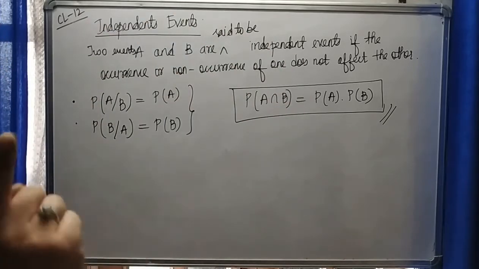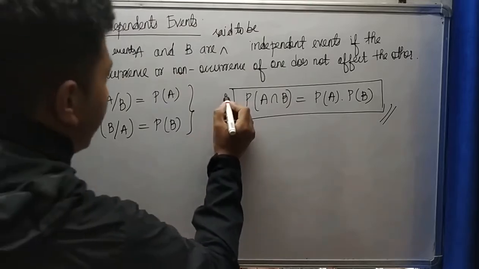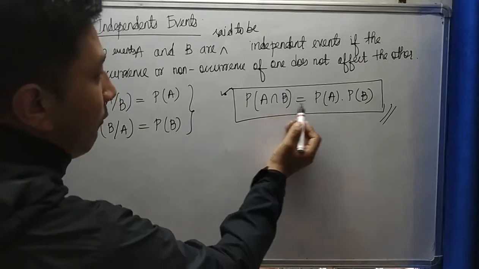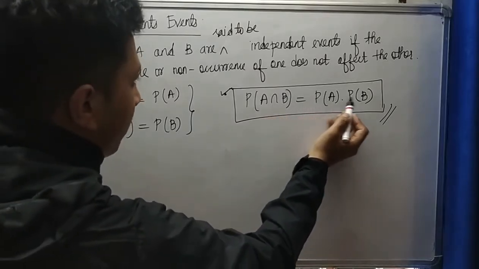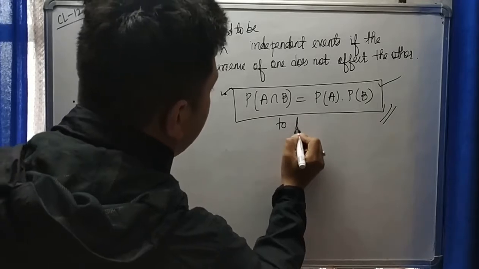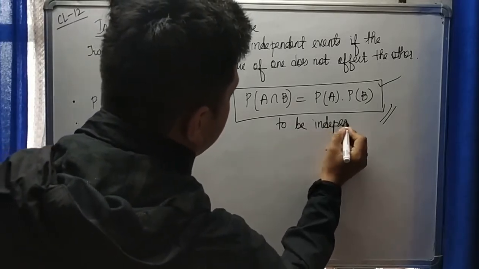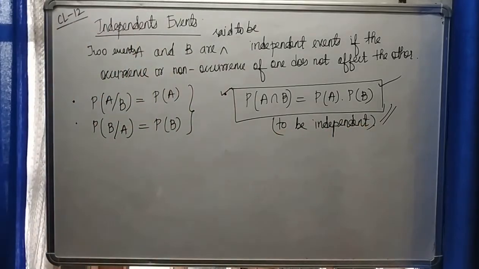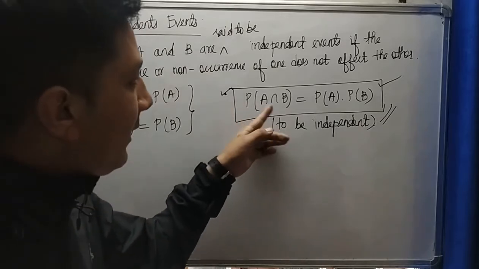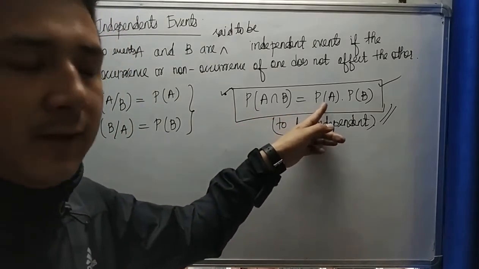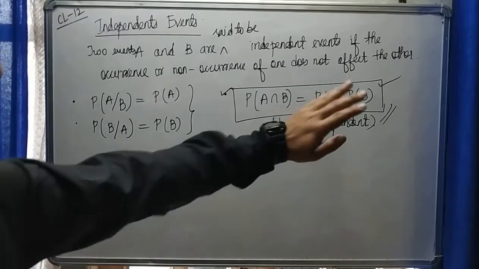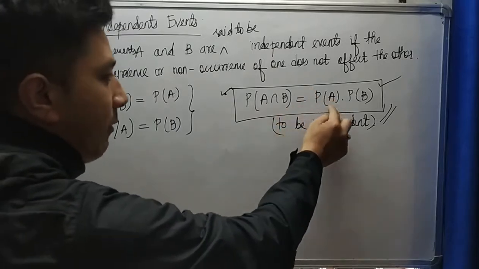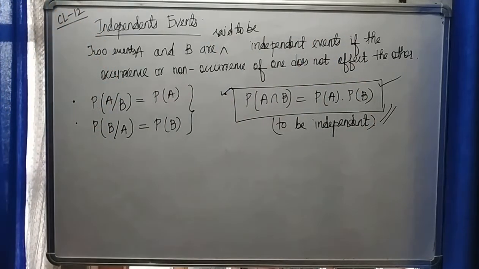Alright, if A and B are said to be independent events, then probability of A intersection B will always be equal to probability of A into probability of B, if it is independent. If it is not independent, then probability of A intersection B is not equal to probability of A into probability of B. This is the formula, please note it down.